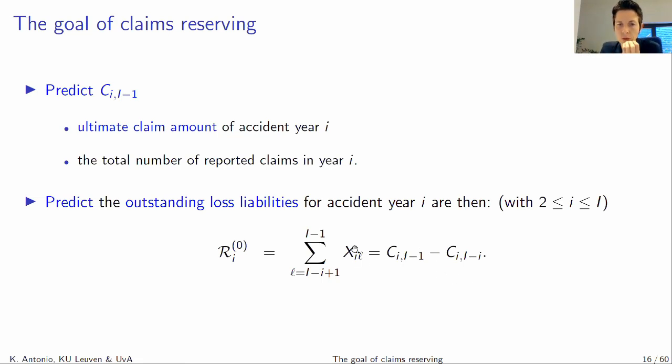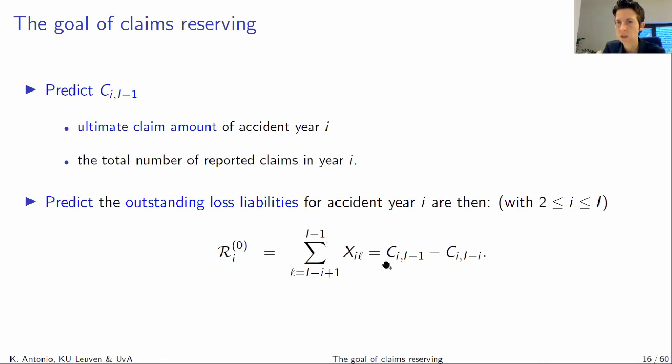If you ask what the outstanding amount is from the incremental point of view, then it's the sum of the cells on this row that refer to the future. So I have X_{I,L}, and I let L run from I minus E plus 1 to I minus 1. These are the cells that come in the future.